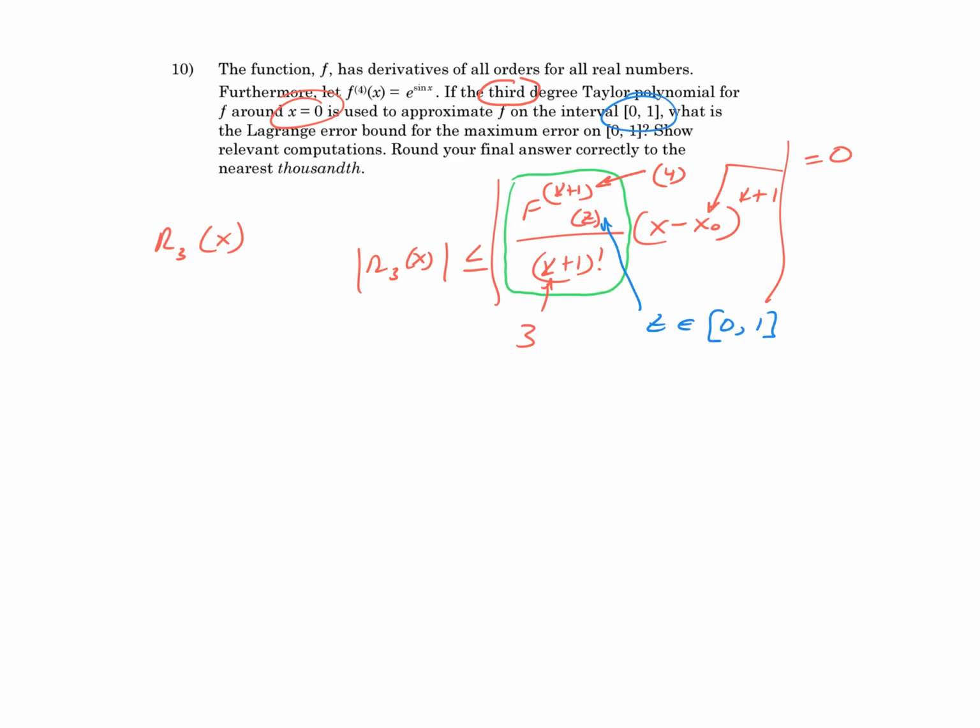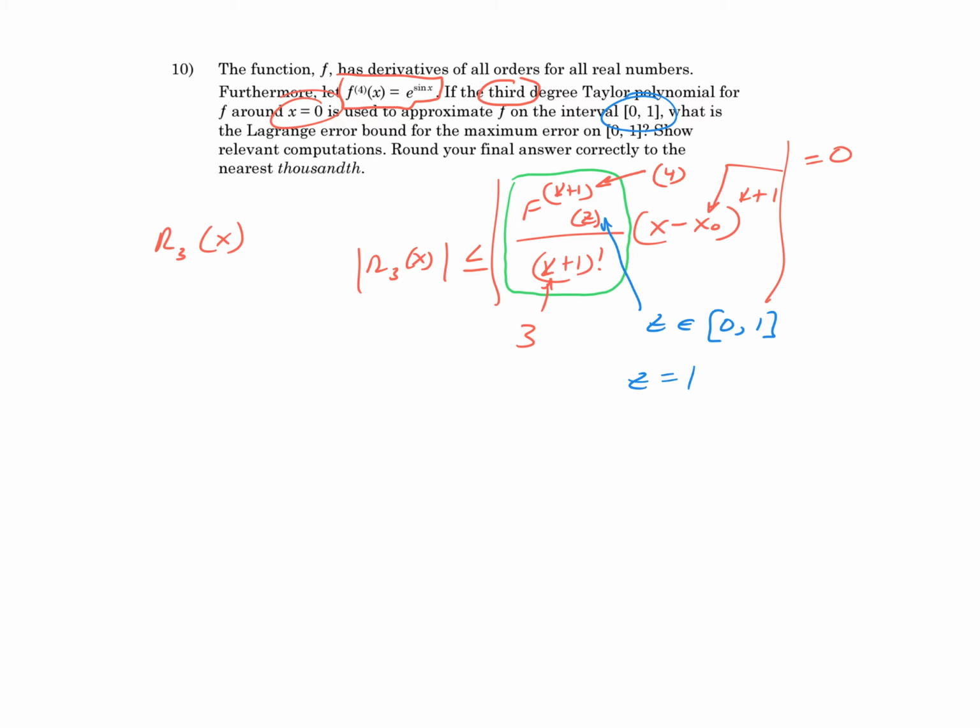So it really is, what is the maximum value that the fourth derivative could take on in the interval 0 to 1, 0 being your point of convergence and 1 being the interval that you're given. So we're told that the fourth derivative is e to the sine x.